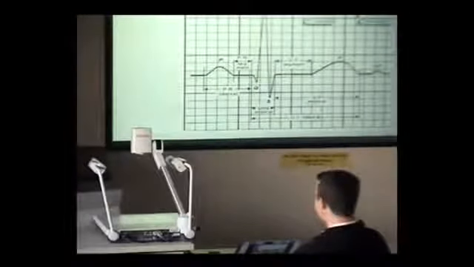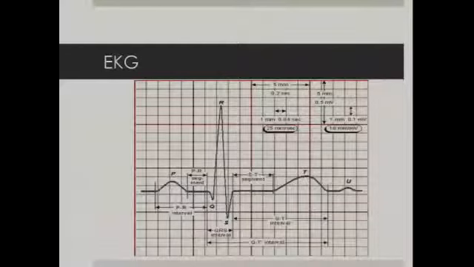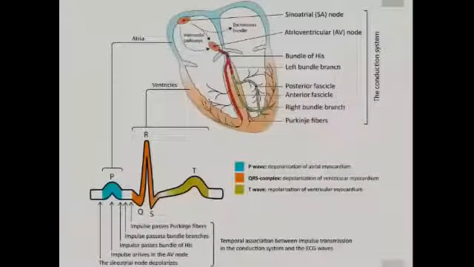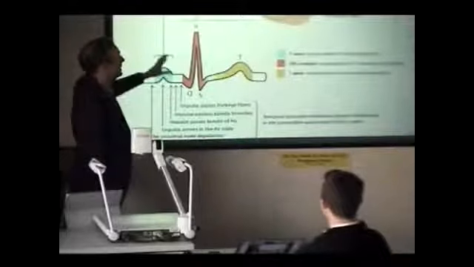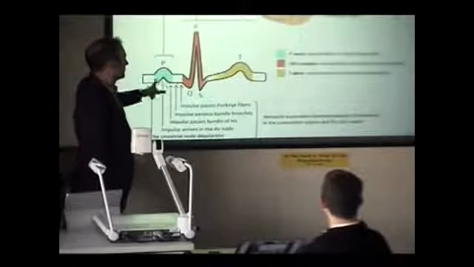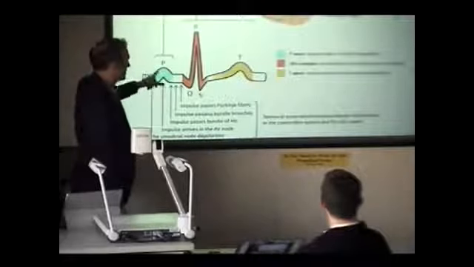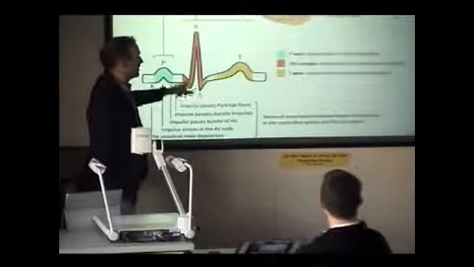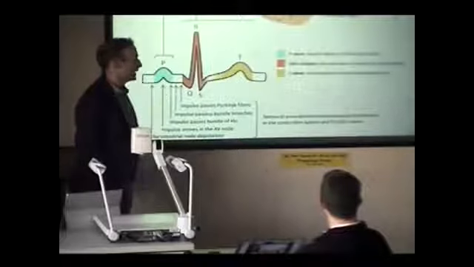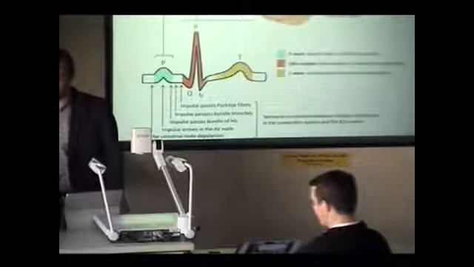The QT interval, PR interval, ST segment, and QRS complex are very important for us as electrophysiologists. This is another way of looking at it. This is really nice because it's color coordinated, and you can tell that's supraventricular, the atrial cells, this is ventricular, and then repolarization of the ventricular muscle.